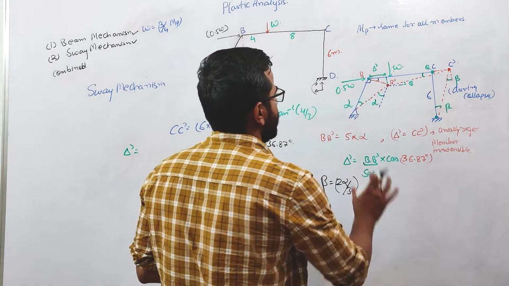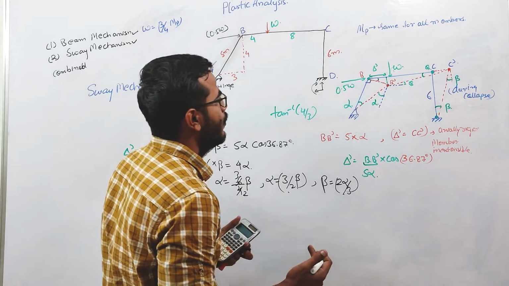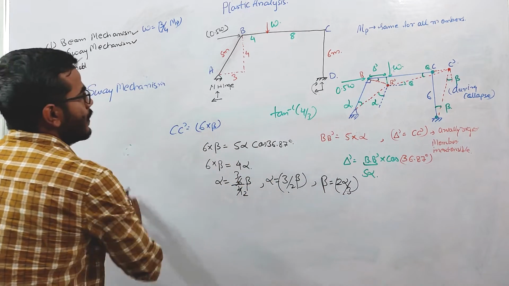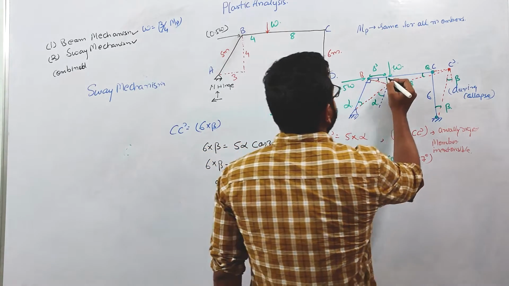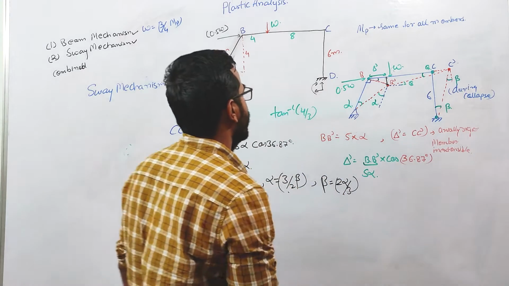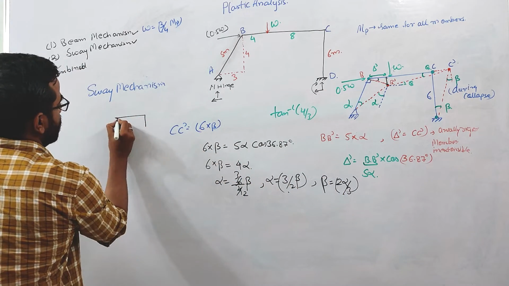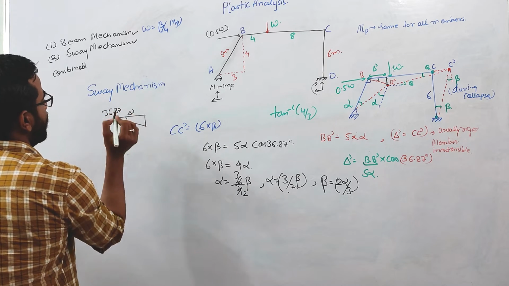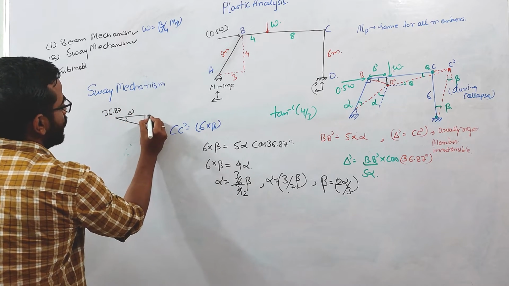Next we have to find the relation between theta and alpha, or theta and beta. If you see this vertical displacement, this will be equal to, again, this is delta dash, and this angle is 36.87. We have already discussed this, so we need to calculate this displacement.